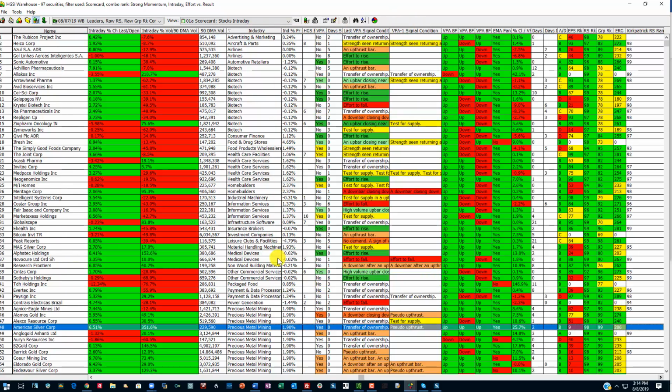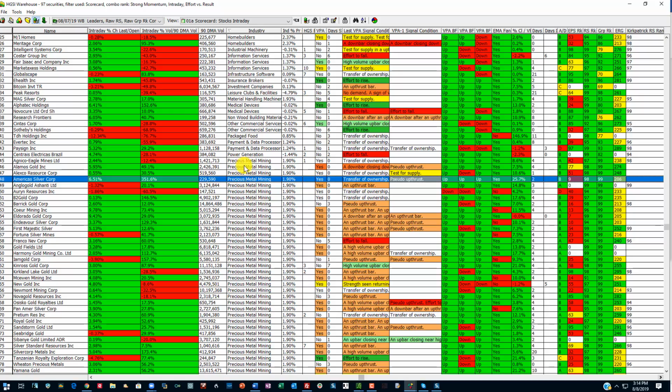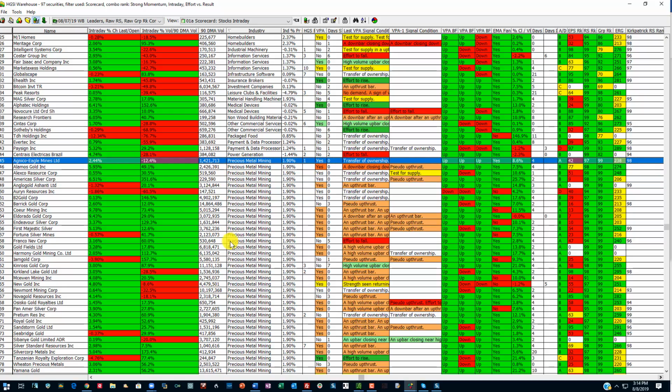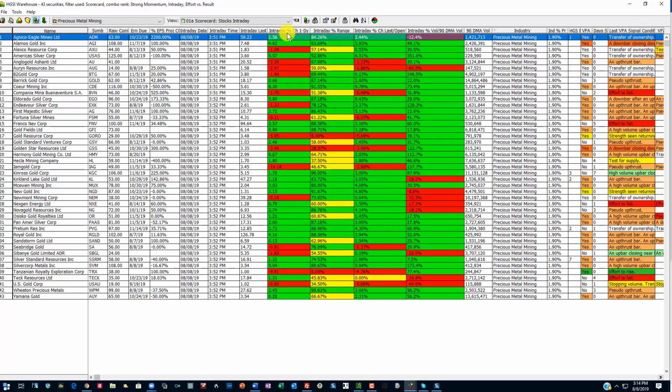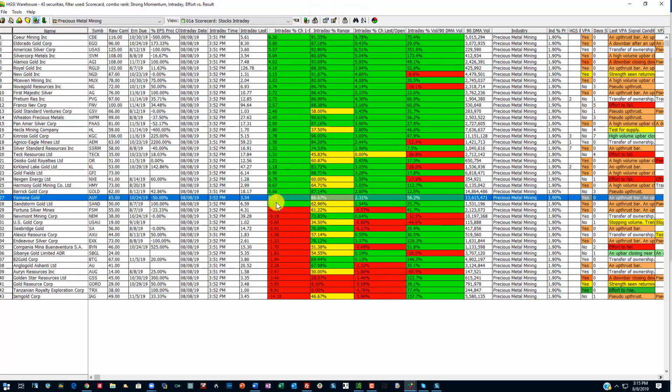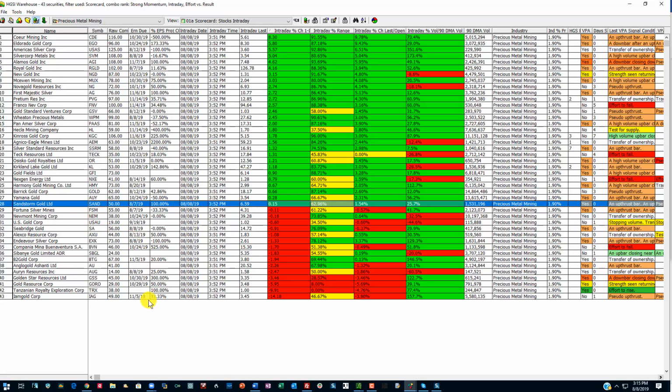Precious metal and mining, I'm just sorting down here, and you can see from here down to where my mouse currently is. Let's see if I can isolate these. Well, 28 out of the 43 were up today.